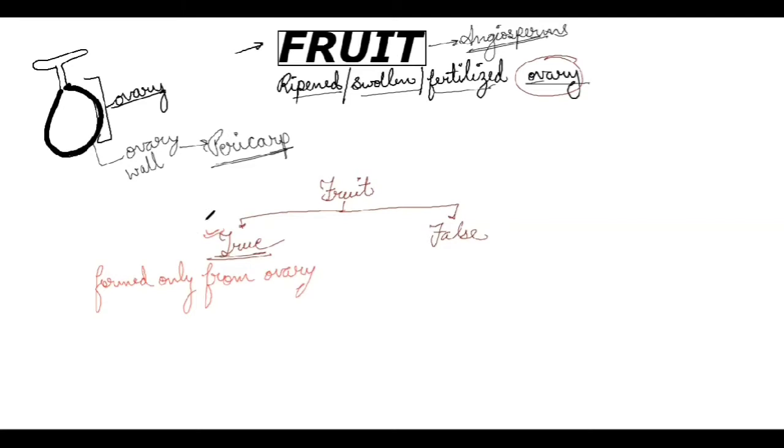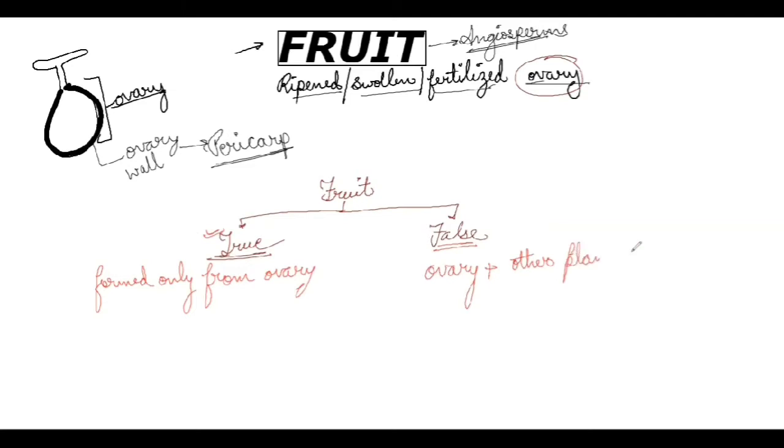Now, coming to the second type of fruit, that is false fruits. False fruits means the ovary will be there, along with the ovary, some other plant parts are also present.